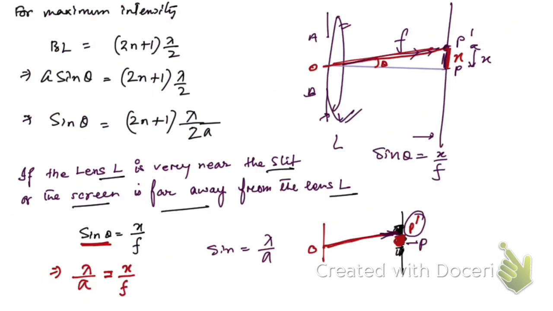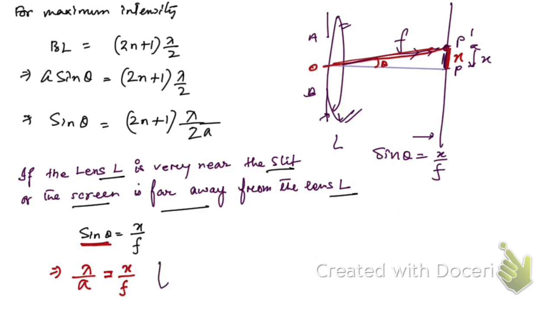Now we can use this. Now the width of this central maxima, if we take the dark on both the sides, and the distance between P and P dash is x. Similarly the first dark below P will also be x distance away from P, so this width is twice x. So hope you have understood this.